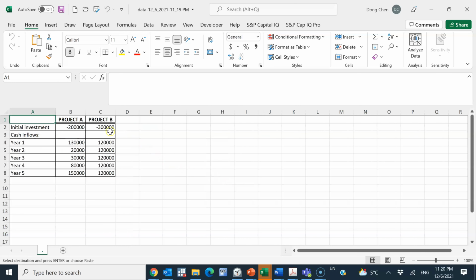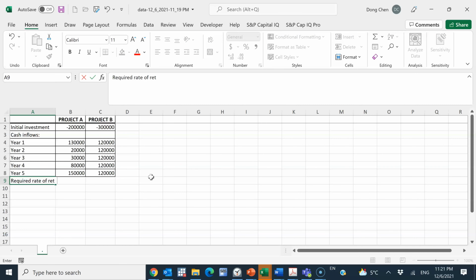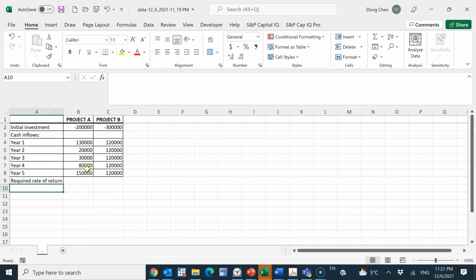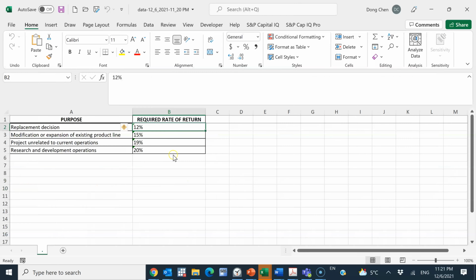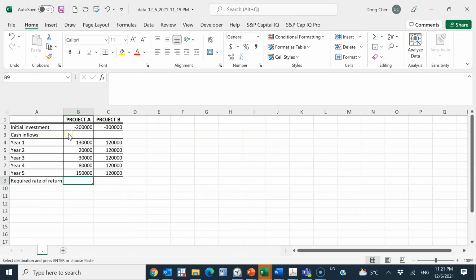So we just copy that for project A. This is a required rate of return, which will be our discount rate when we calculate the NPV. For project A, it's based on the replacement decision category, so it's going to be 12%.